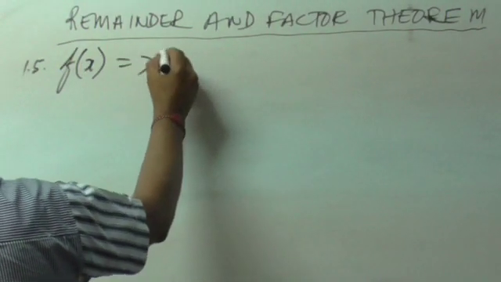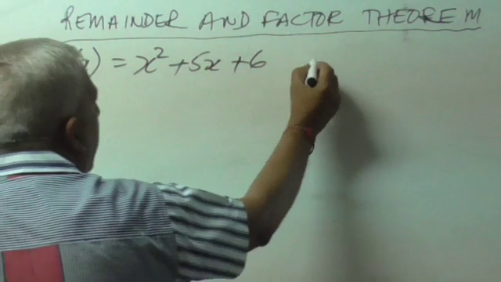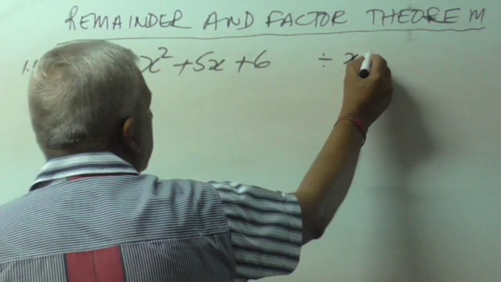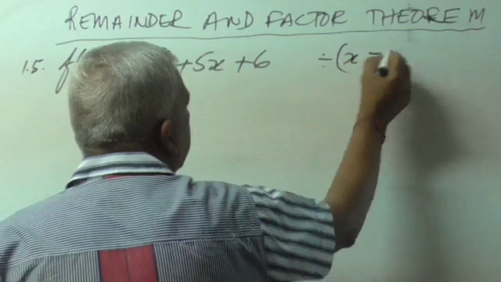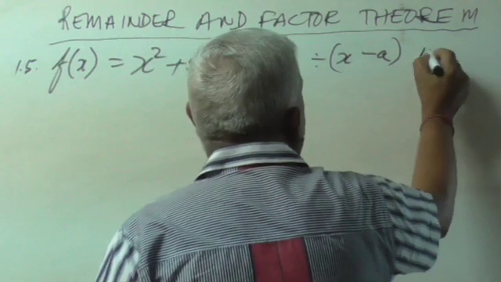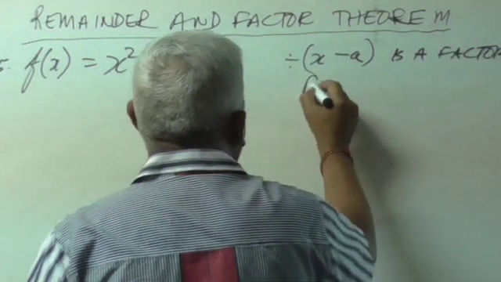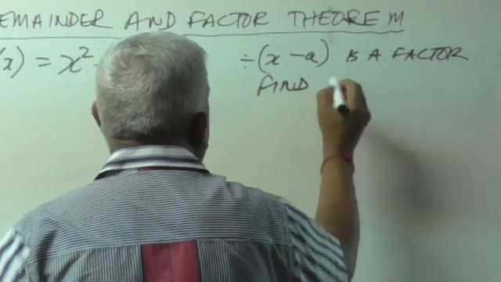So in 1.5 you had f of x is equal to x squared plus 5x plus 6. It was divided by x minus a, and then you were told that x minus a is a factor. Find a.